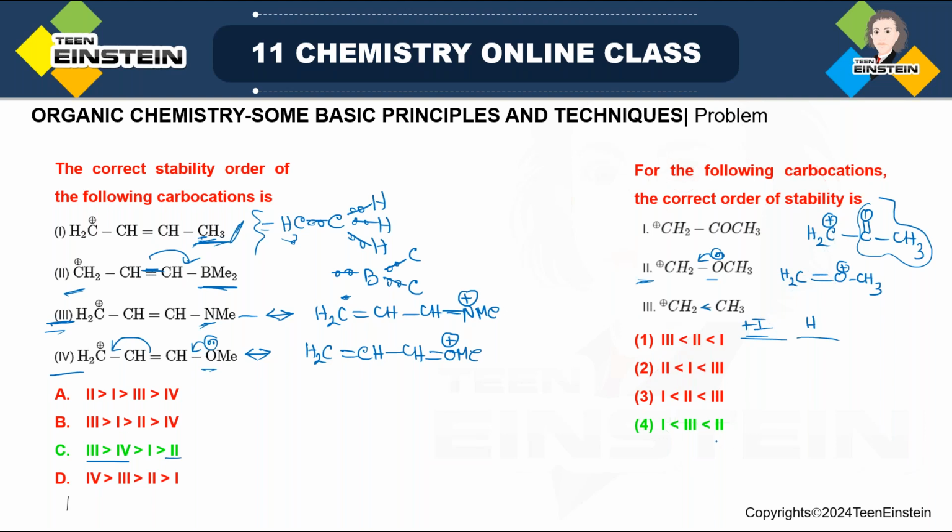So 2 will come first, then 3, and 1 will be minimum stable because here we have this electron withdrawing effect from the side of the COCH3 group. So here C=O, the lone pair over this oxygen, it will not be able to show any plus R effect. Okay. So COCH3 as a whole is an electron withdrawing group, and that is the reason it will have minimum stability. Fine.